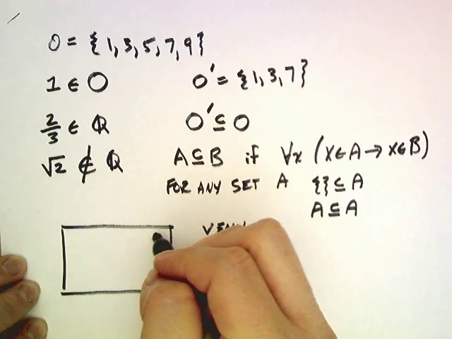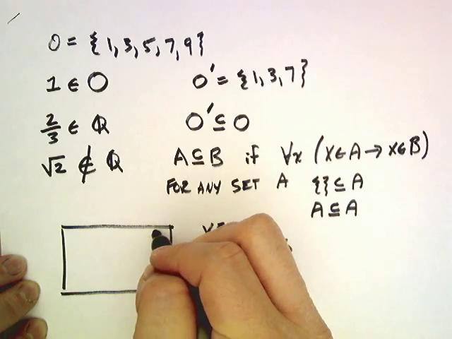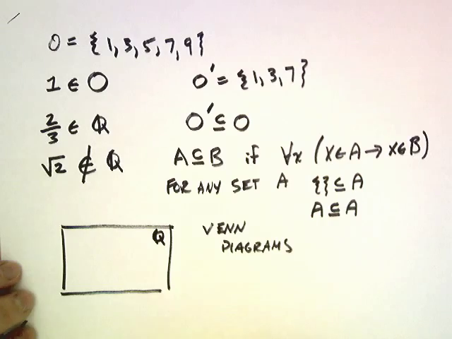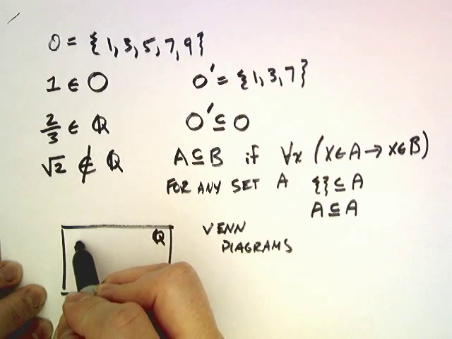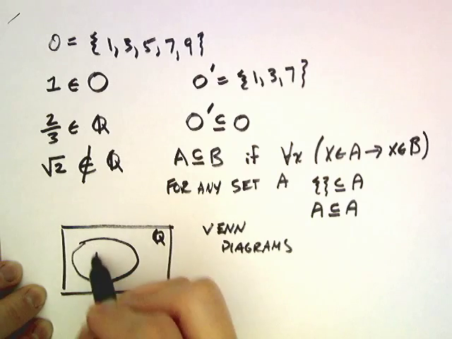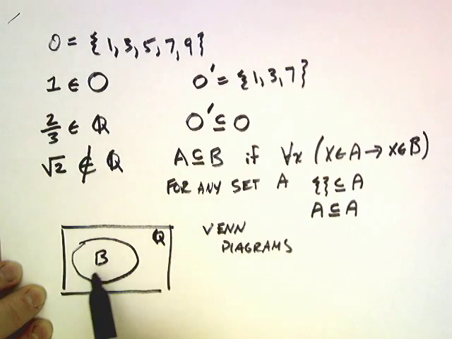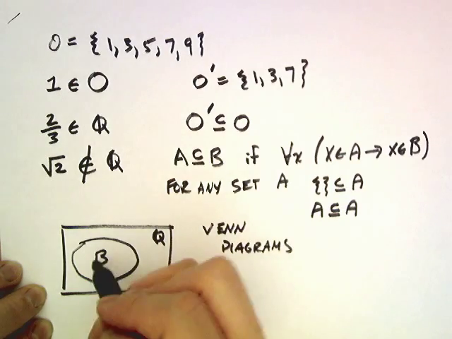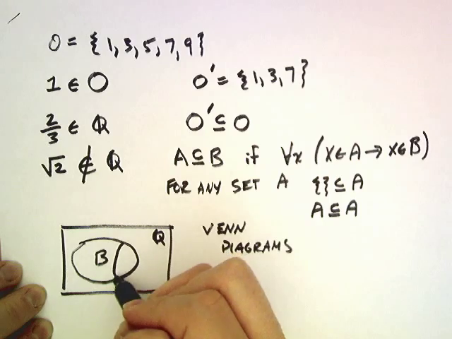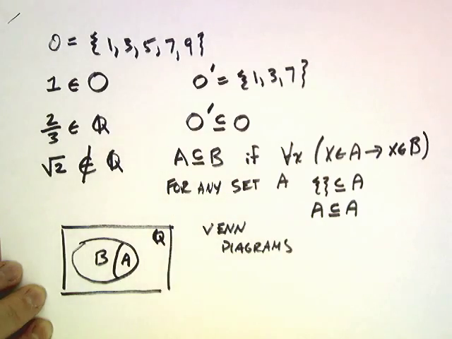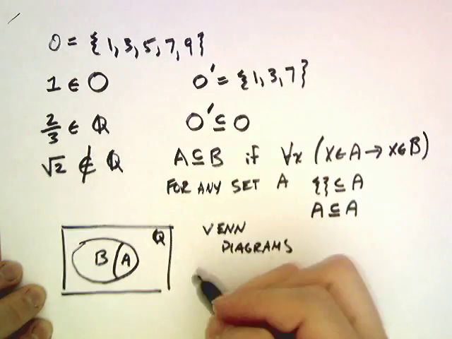This rectangle might correspond to all rational numbers. And then we could have a subset B of rational numbers. Maybe this is all even rational numbers. And then we might have A here. So you have drawn A to be a subset of B.